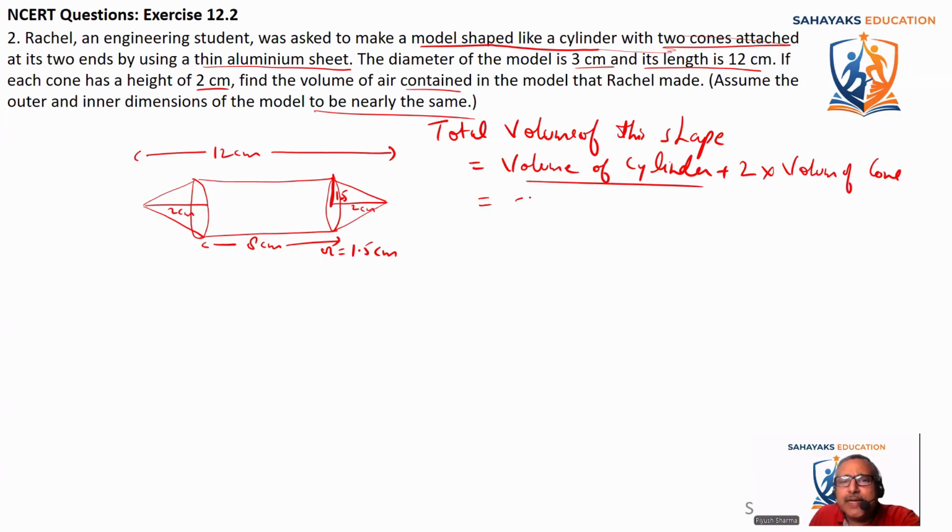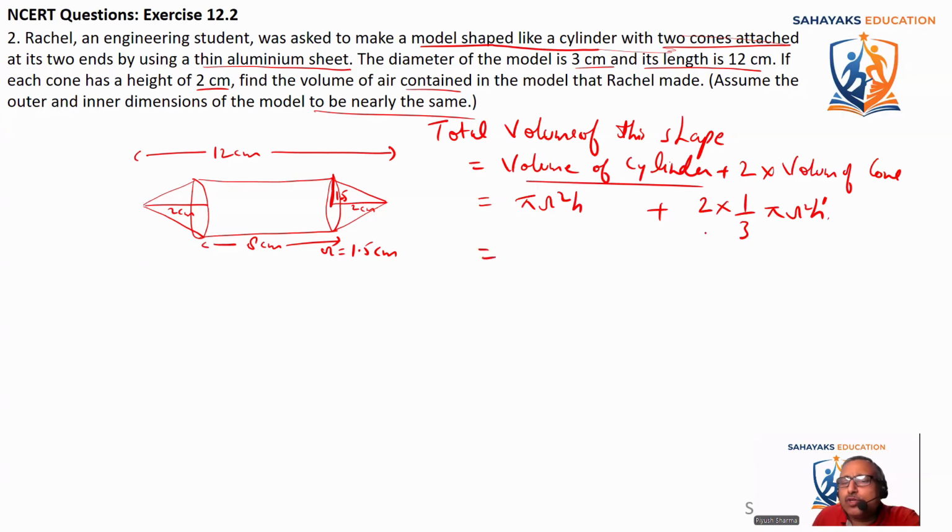So volume of cylinder is pi r square h. And the volume of cone is 1 by 3 pi r square h, and there are 2 of them, the radius is same. Okay, the h is different, so I'll just take h dash.